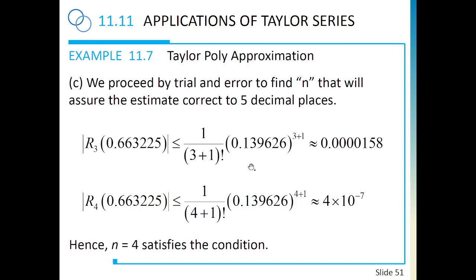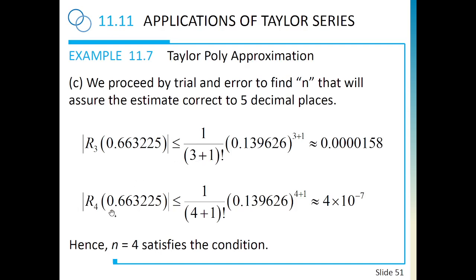So how do you do that? Well, you try to put some values of n and by trial and error see what you get as an error estimate. If I take n equal 3, I get this value here, which is 0 with 4 zeros 1. That's not good because the requirement is 5 decimal places. I have 4, so n equal 3 is not going to work for us.